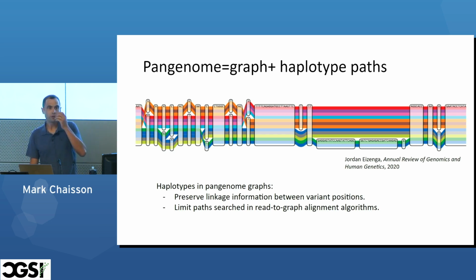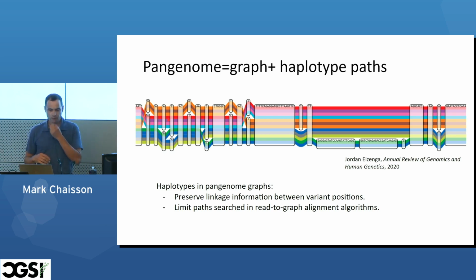Also, if you're doing read alignment, say you're taking a long read or an Illumina short read and mapping it back to the pangenome graph, you might not want to allow any arbitrary path through that graph. You might want to only allow a certain number of switches between haplotype paths, so you're not overfitting your sequence to the graph, and you're simplifying the total number of paths to explore when aligning a sequence to the graph.